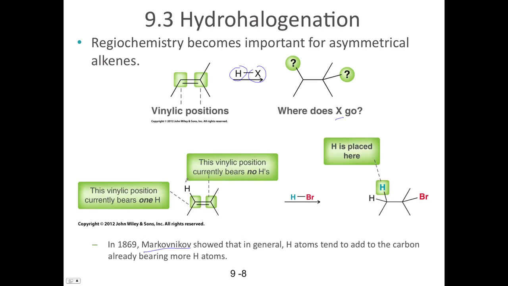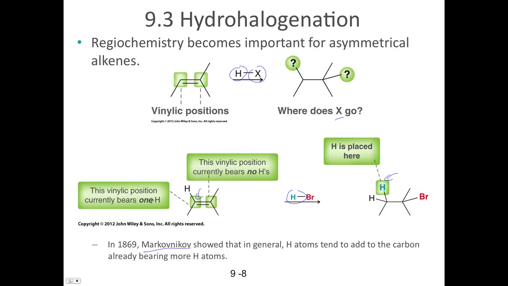Here, this would be the least substituted because it has the least number of carbons on it, or the most hydrogens on it. So you want to put the hydrogen from this binary acid on the carbon that already has more hydrogens on it. It's a nice way to remember it. So this hydrogen will go onto this carbon here, giving you this product.